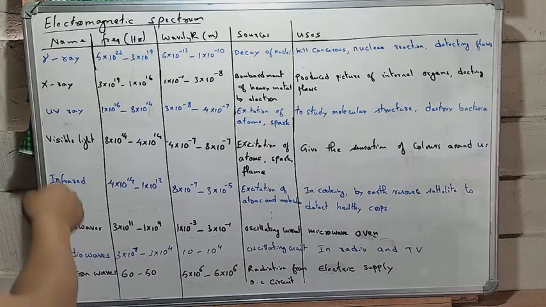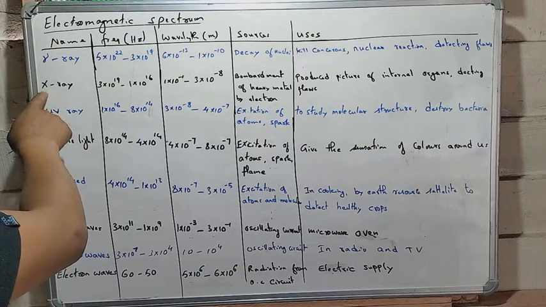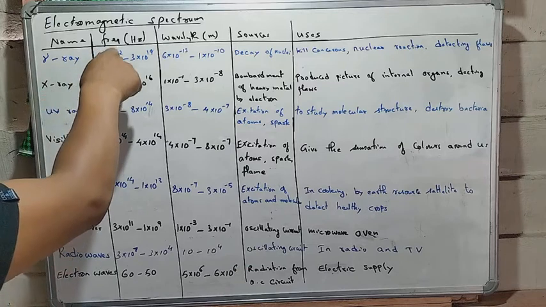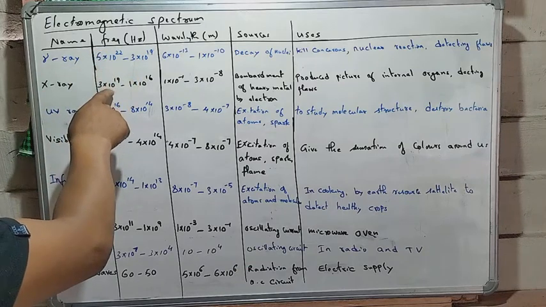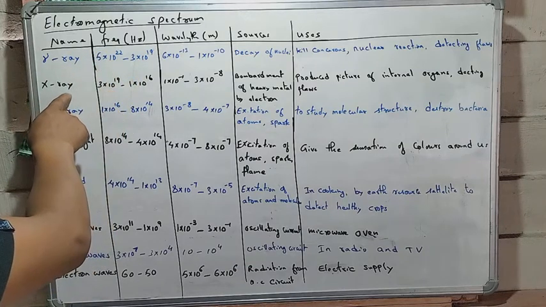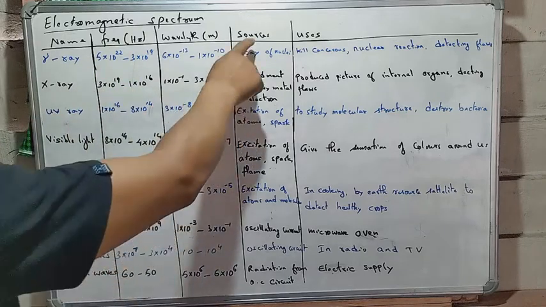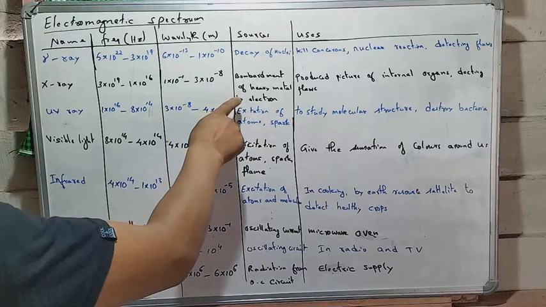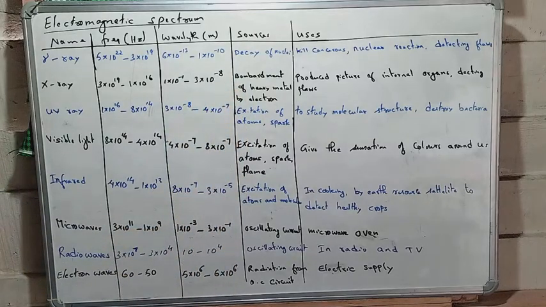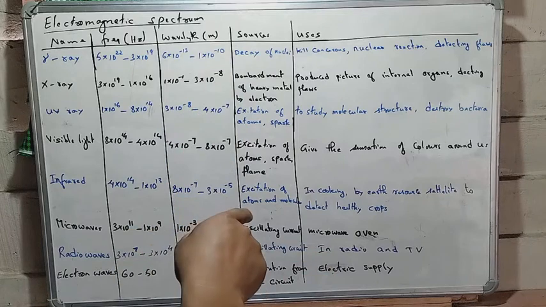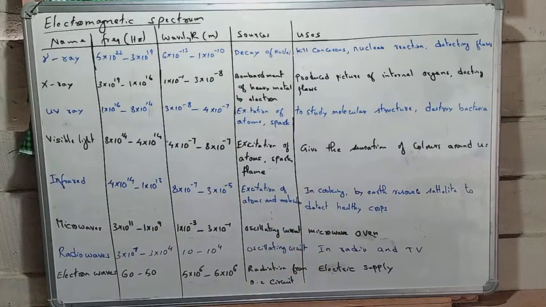The next type of electromagnetic wave, which is of lower frequency than the gamma ray, is the X-ray. The X-ray has this frequency and this wavelength, and its source is when you bombard a heavy metal with fast moving electrons; then the radiation produced is X-ray.